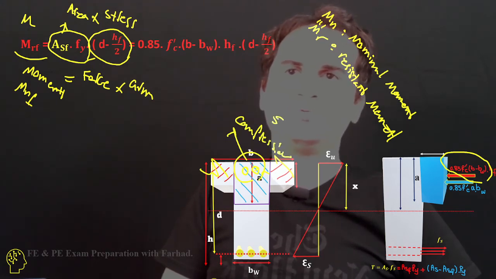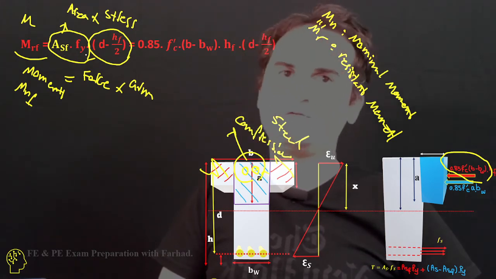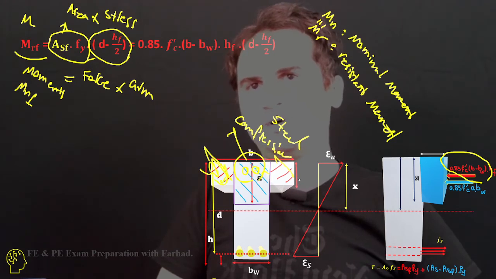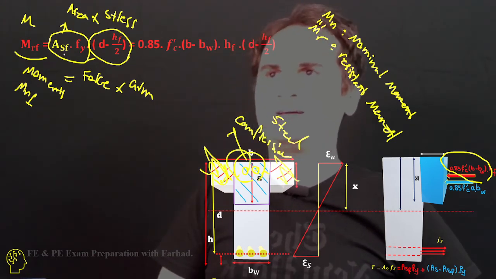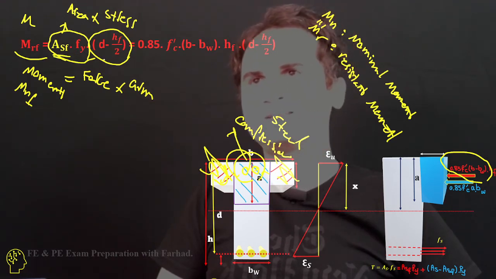There is no steel there, but you can assume Asf times Fy replaces these two parts, times (d minus hf over 2).